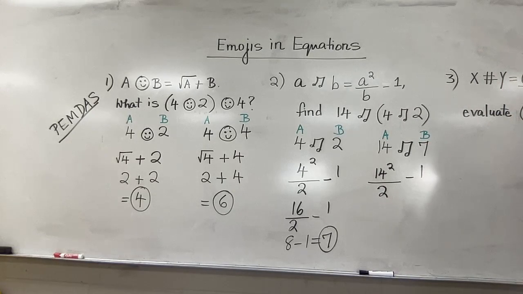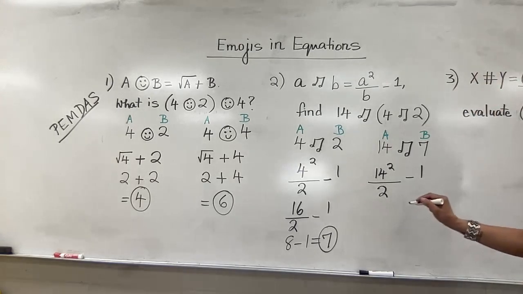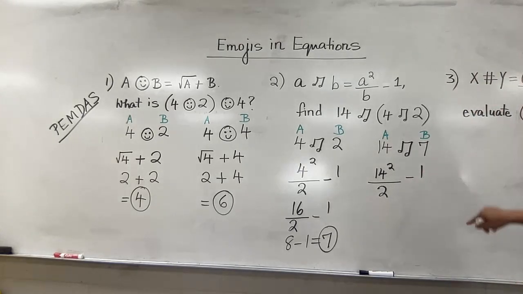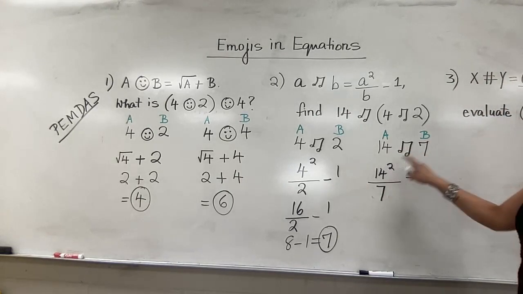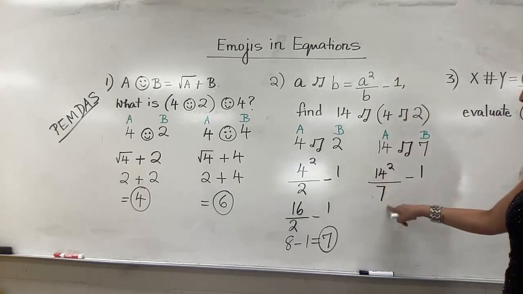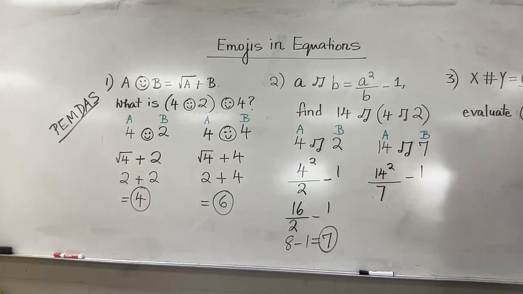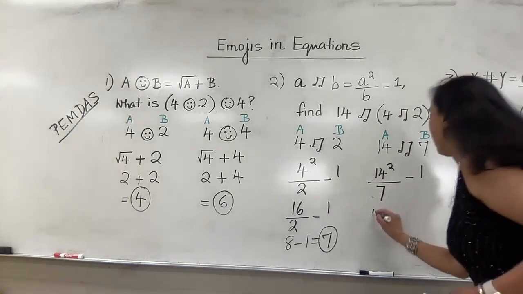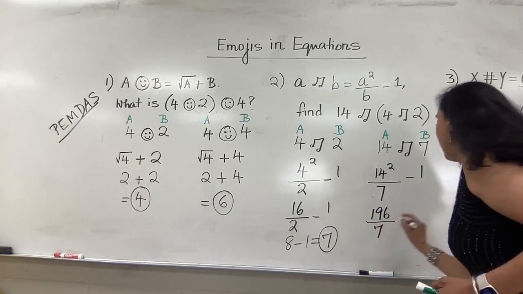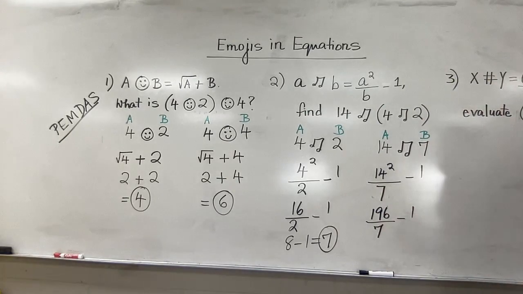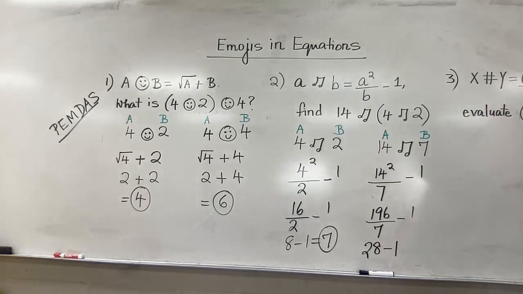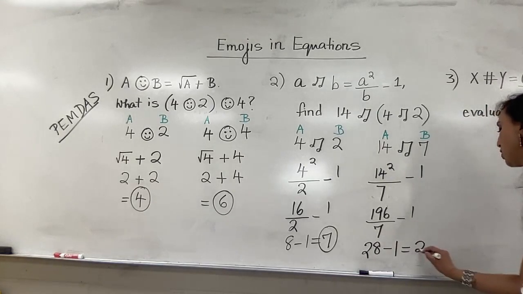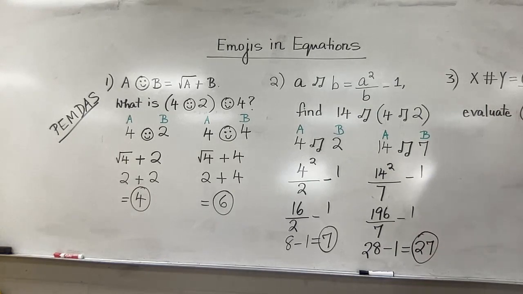Sorry, I said 2 earlier; B is 7, I apologize. 14 times 14 gives me 196, divided by 7, minus 1. When I divide 196 by 7, I get 28, minus 1. So my final answer is 27. That's how I solve this one.